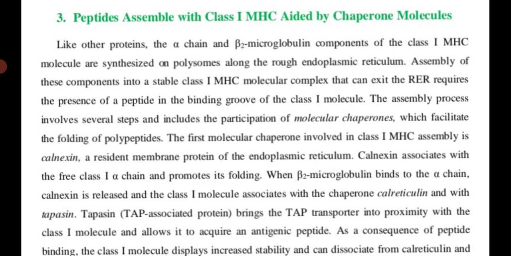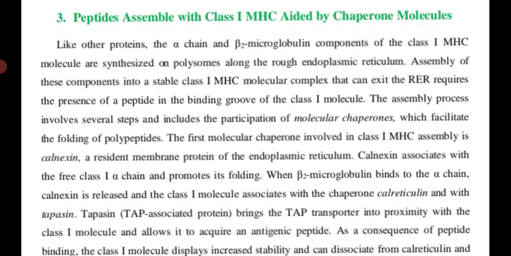The assembly of a class I molecule in the ER. In this event, as the MHC class I molecules are glycoproteins, they are assembled into the lumen of the rough endoplasmic reticulum. And like other proteins, the alpha chain and beta 2 microglobulin component of a class I molecule are synthesized on polysomes along the rough endoplasmic reticulum.